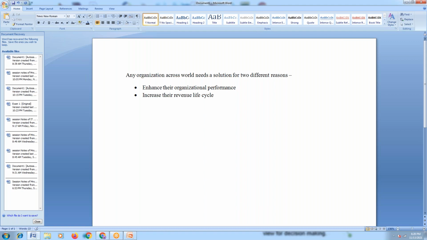Now, the bank wants to enhance this application to the next level. It means they have an existing application at this point in time, and the bank wants to enhance it to the next level because of the kind of business volume the bank has.